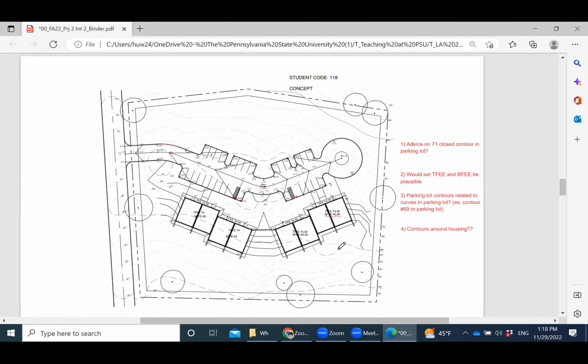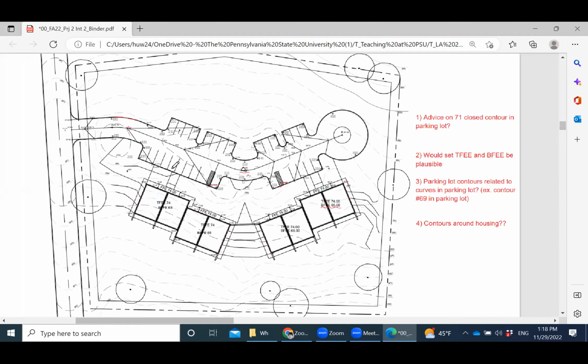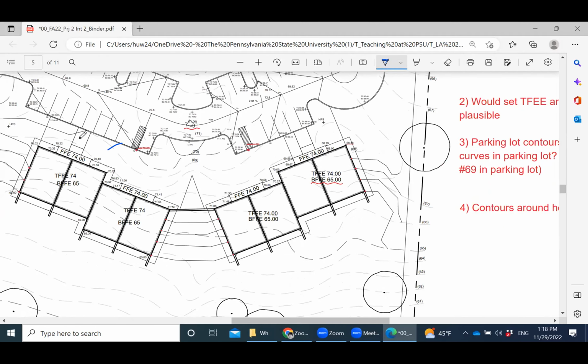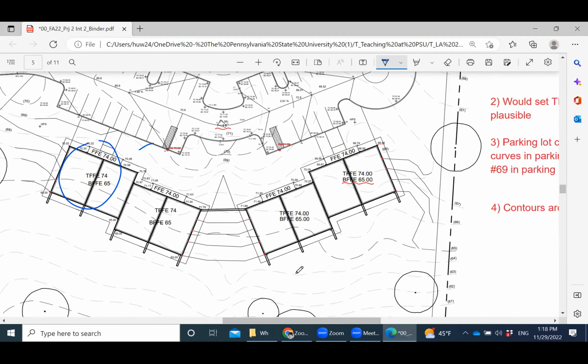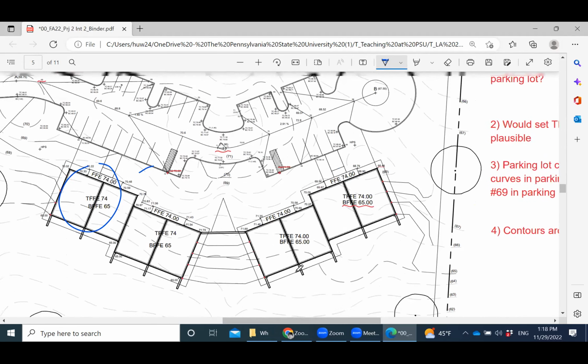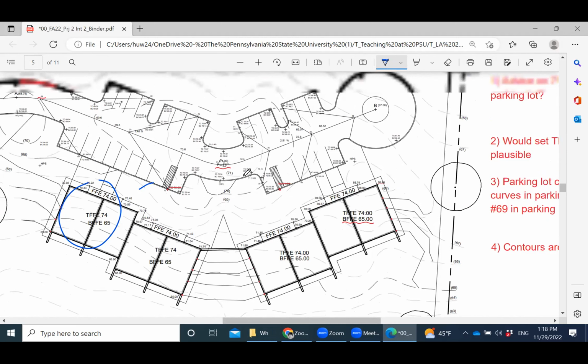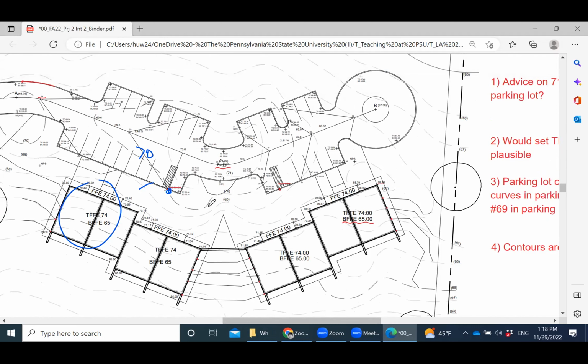Let's look at the FFE. I would definitely think that this is too high. Generally, your FFEs are pretty high. But if this is 70, right, and we're getting up from 70.5 there, your walkway from here to there would be pretty steep.